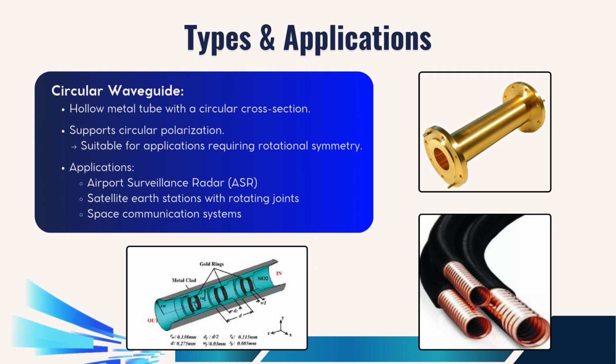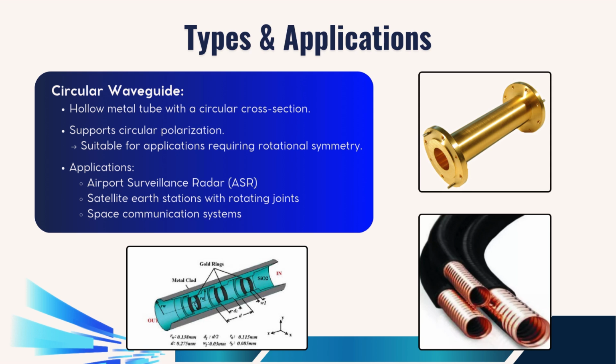The next one is the circular waveguide, which is similar to the rectangular waveguide in that it is a hollow metal tube, but instead of being rectangular, it has a circular cross section. This makes it suitable for applications requiring rotational symmetry, as due to its shape, it supports circular polarization.